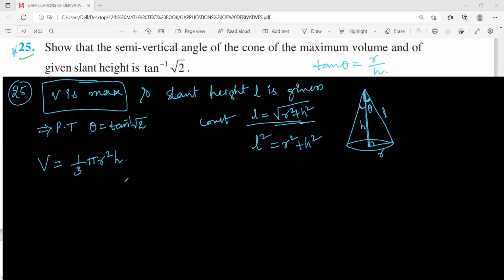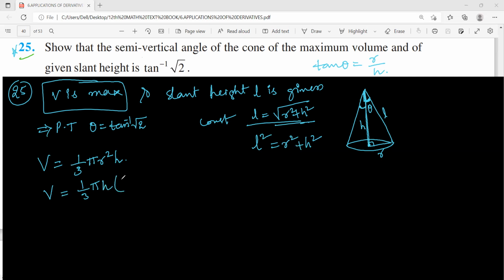Write in terms of one variable. We can take R square equal to L square minus H square.